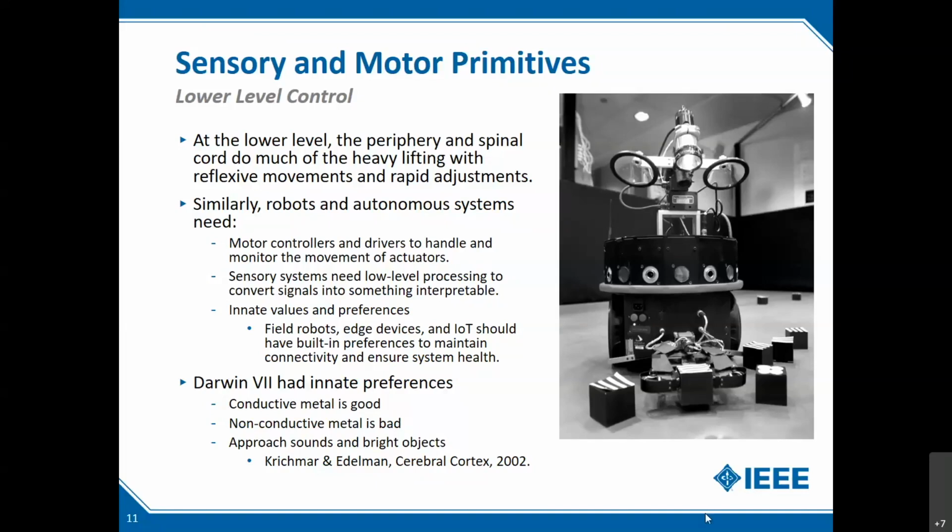It had taste buds in its fingers, and it preferred highly conductive metal objects and did not like weakly conductive ones. It also had an affinity to approach any sounds or bright objects. So the reflexive was good and bad tasting to it, but then it used sounds and sights to actually predict what was good and what was bad in its world.